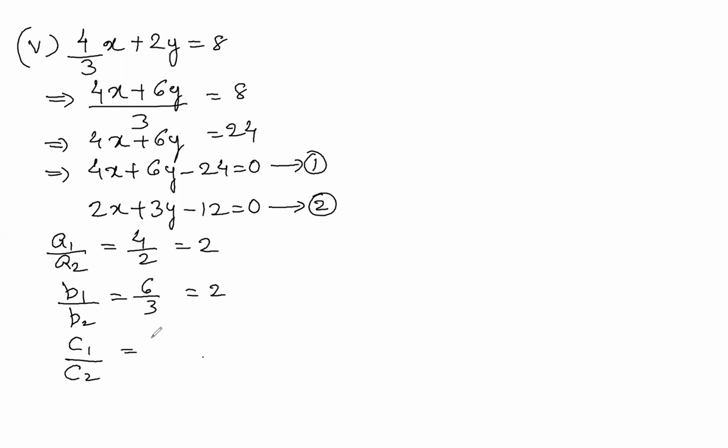Minus 24 by minus 12, is equal to how much? Minus will go, right? 24 by 12 is 2. Okay, so we will conclude a1 by a2 is equal to b1 by b2 is equal to c1 by c2.